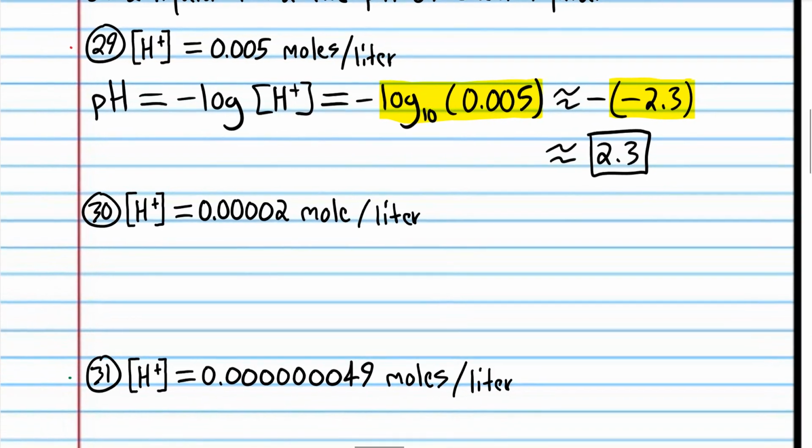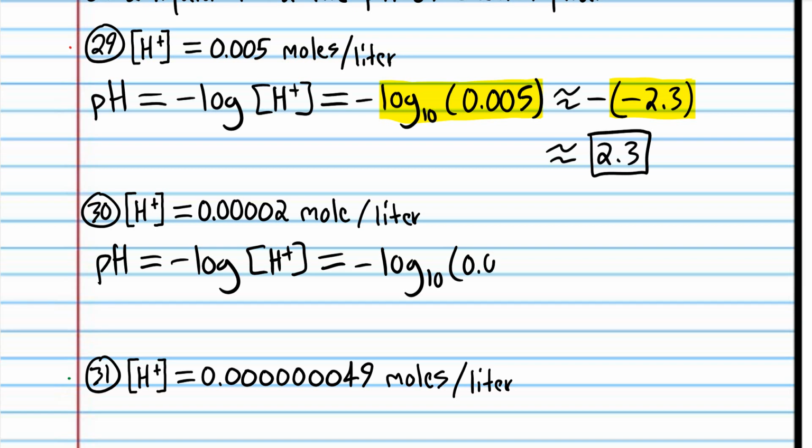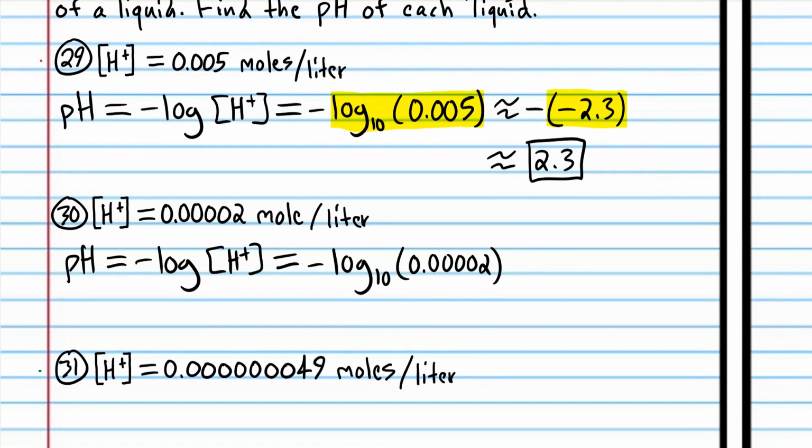Let's try another problem. So here the hydrogen ion concentration again is given. Let's calculate the pH. It's defined as the negative log of the hydrogen concentration in moles per liter. We don't see a base on the logarithm, but remember that means that it's a base 10 logarithm, and we're going to plug in 0.00002 for our hydrogen ion concentration.